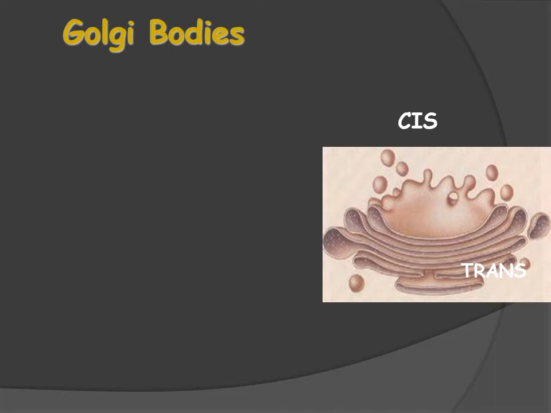It receives proteins, it modifies the proteins, and then they're put into vesicles for transport. So see those little circles? Those contain proteins in them, modified proteins. I want you to think of a vesicle as a bubble, because it's a protective bubble that surrounds the protein.